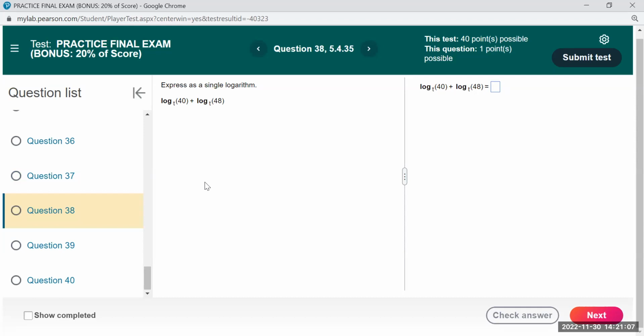We have log base t of 40 plus log base t of 48. It says write it as 1.